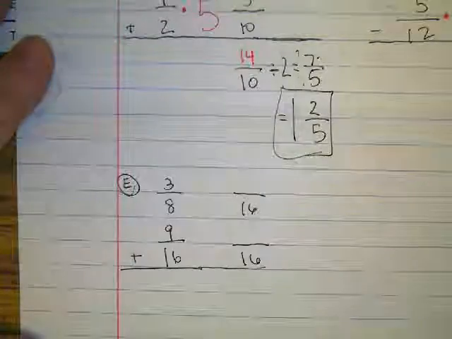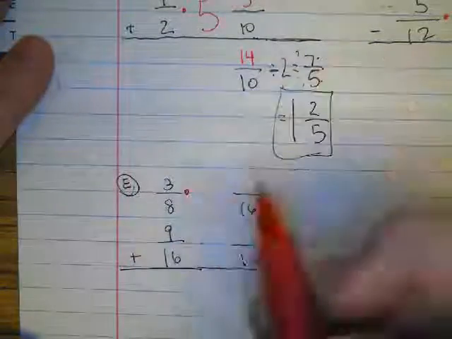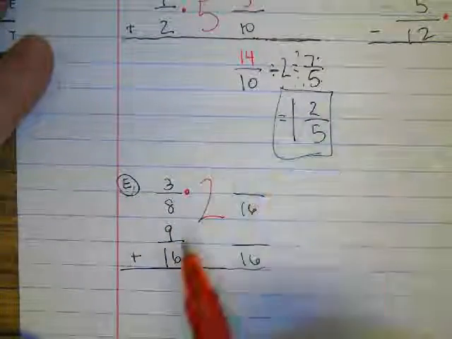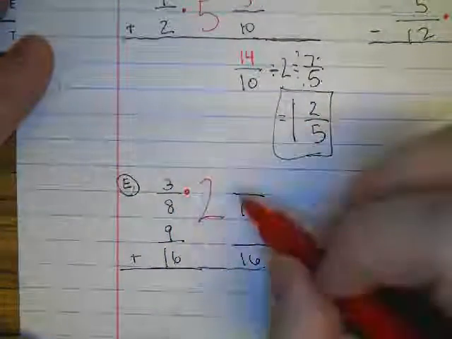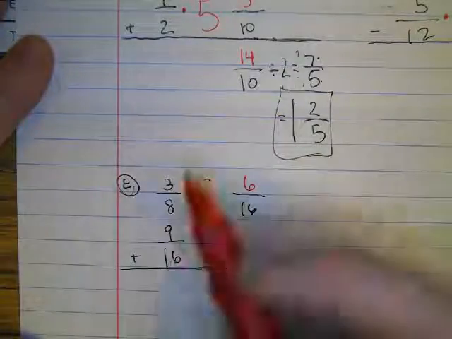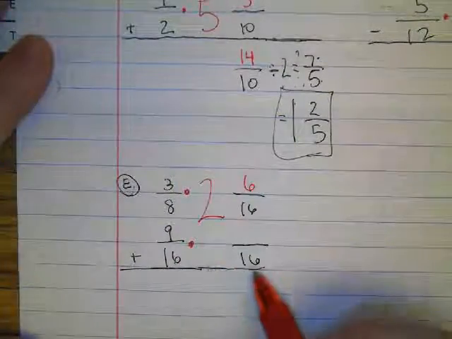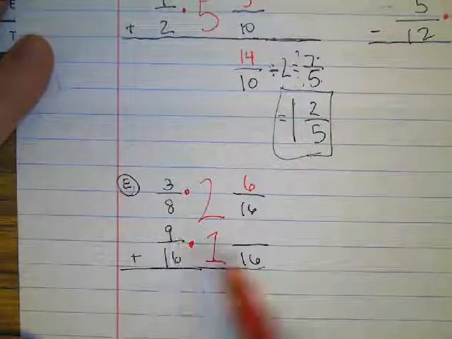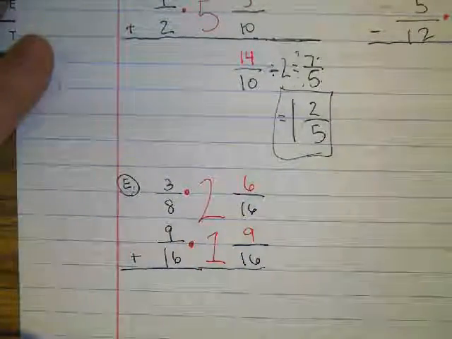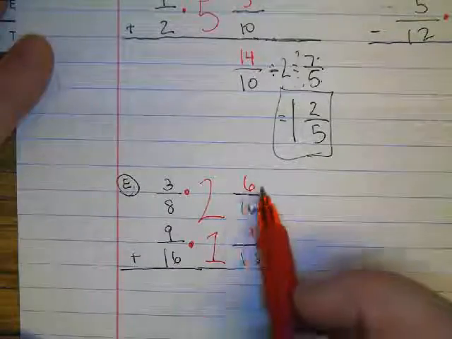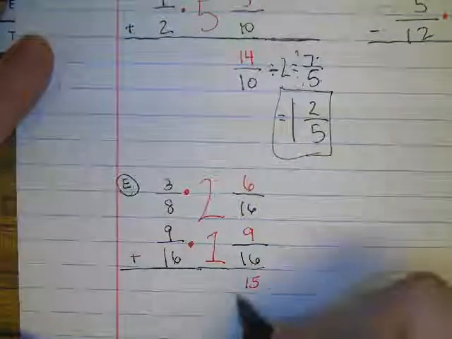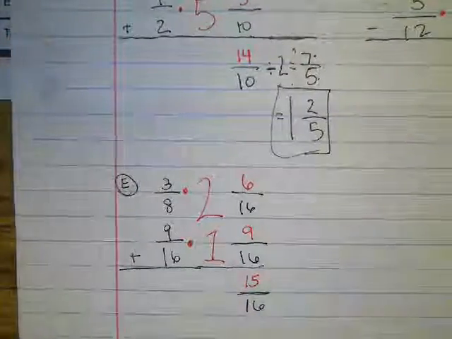Well, 8 times what equals 16? 8 times 2 equals 16. So we can do our 3 times 2 and we get 6. 16 times what equals 16? Well, 16 times 1 equals 16. So I can do 9 times 1 is 9. And now I'm adding these. 6 plus 9 is 15 over, the denominator stays the same, 16.